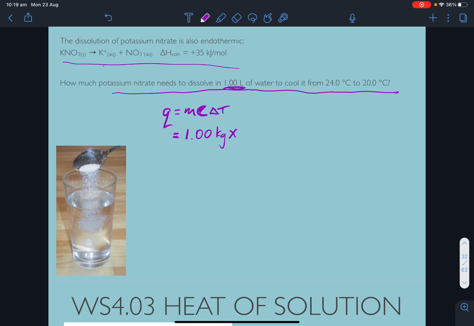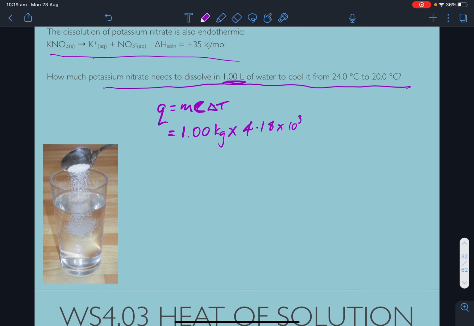Times the specific heat of water from our data sheet, which is 4.18 times 10 to the 3 joules per kilogram per Kelvin. Notice how I put kilograms, so the kilograms are going to cancel. I know that's not the most user-friendly specific heat capacity value, but it's the one on our data sheet, so let's stick with it. Delta T equals 24.0 minus 20.0, which equals 4.0 Kelvin.